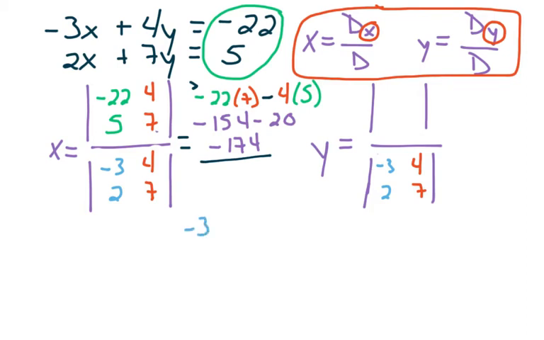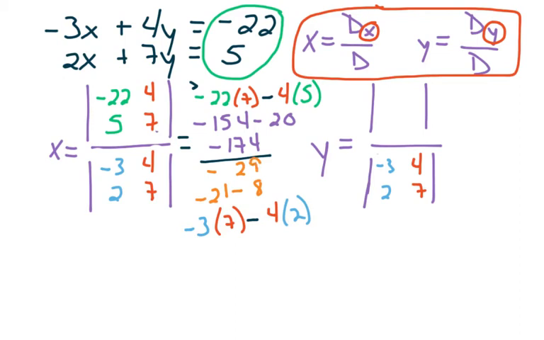So it's -3 times 7 minus 4 times 2. So -3 times 7 is -21, minus 4 times 2 is 8. They're both negative, so again, I get to add them and keep it negative, so that's -29.